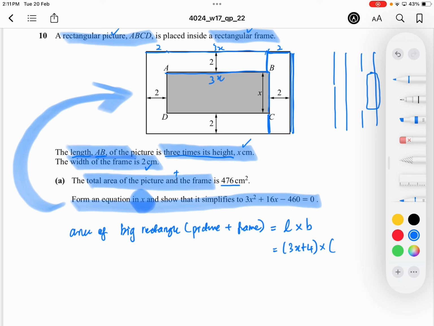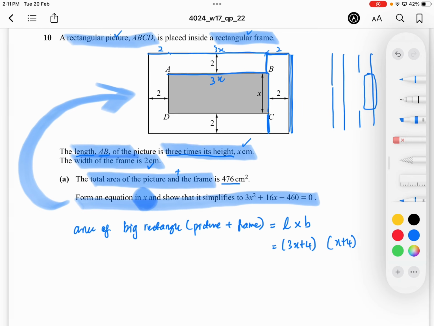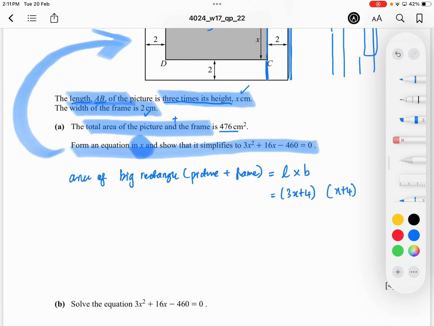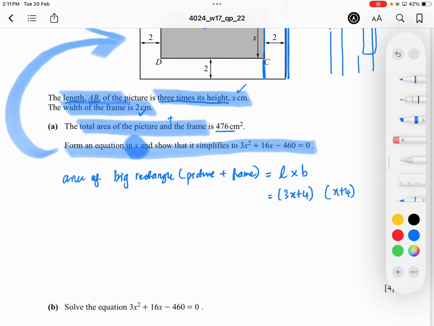There you go. Okay? So, look at the way I write my terms. Teacher buat dalam bracket, so not to confuse which one the length, which one the breadth. And then kalau sudah berbracket satu, jangan lagi simpan the time satu. So, what we get is the expression. And the area of the big rectangle, which is picture and frame, do we know the value of?